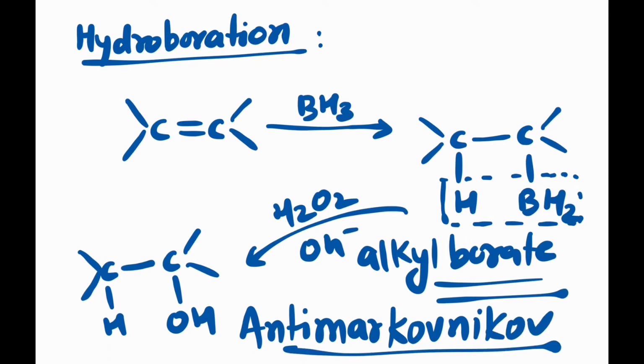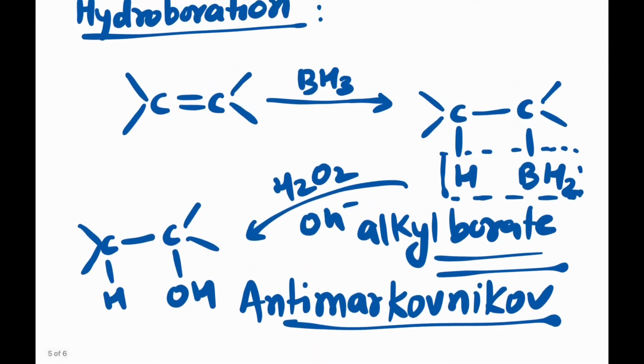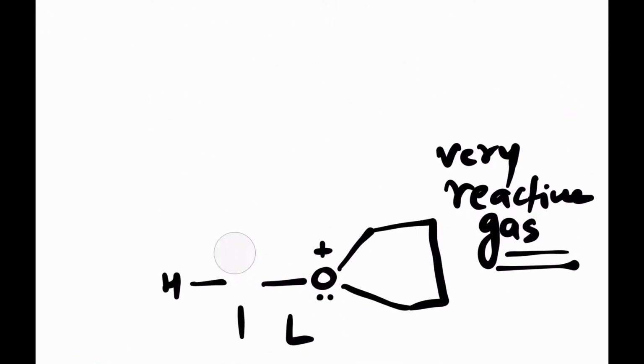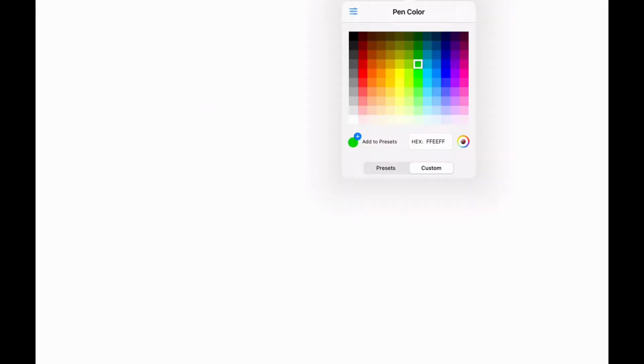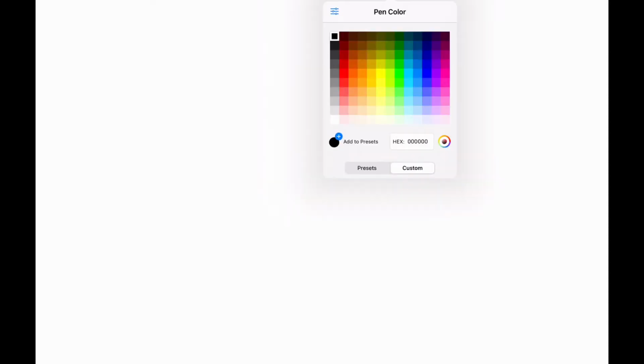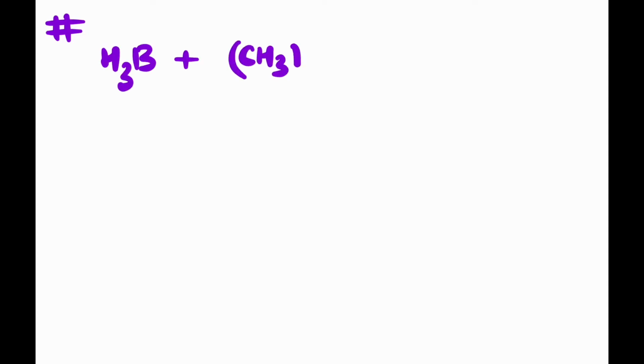Anti-Markovnikov addition. Okay. Let's discuss the acidic nature of this borane in much more detail, and how it reacts with other basic groups, like other Lewis bases. So let's see. If we have borane BH3 and suppose we have DMS, dimethyl sulfide, do you think any complex can form?